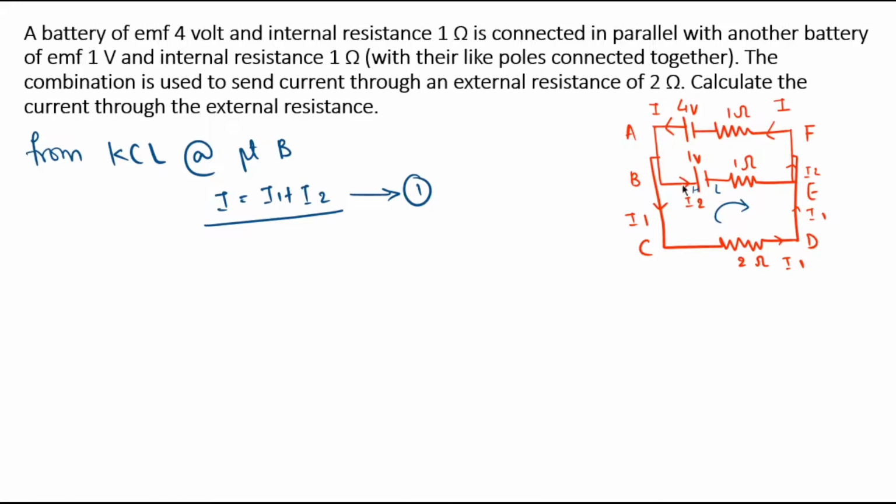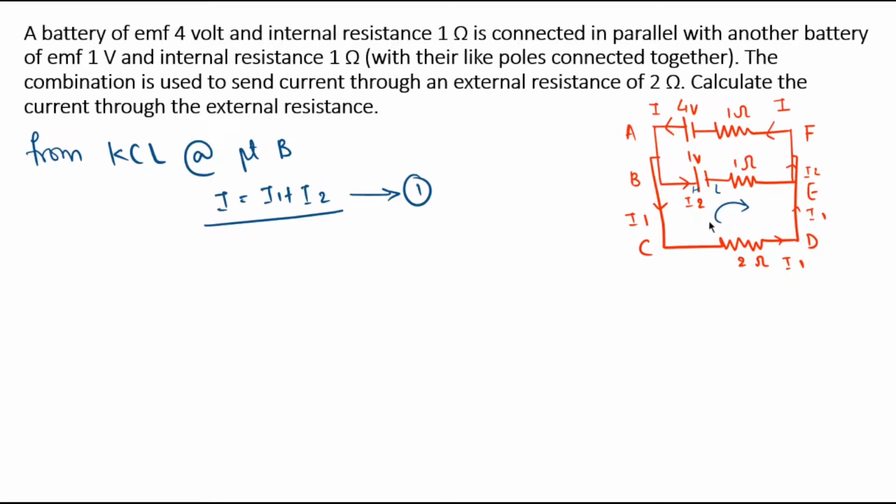Similarly, if your current direction and your loop direction are both to the right, then while passing through the resistance you take the potential across the resistor as negative. But if the current flows opposite to the direction of your loop, you take the potential as positive. I hope you understood these rules.